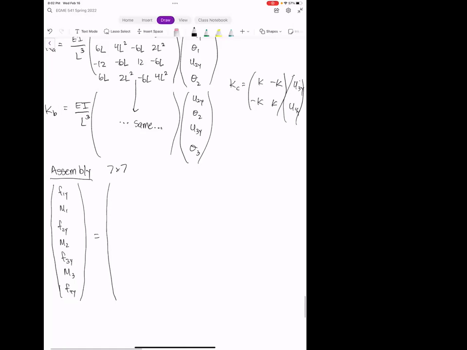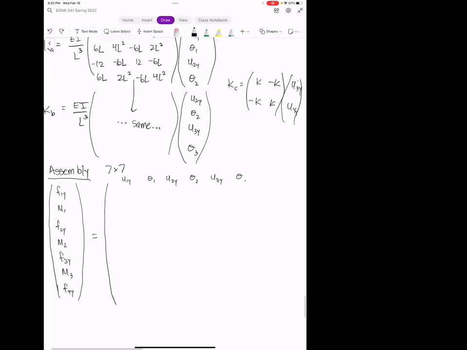So we have U1y, theta 1, U2y, theta 2, U3y, theta 3, and then U4y.